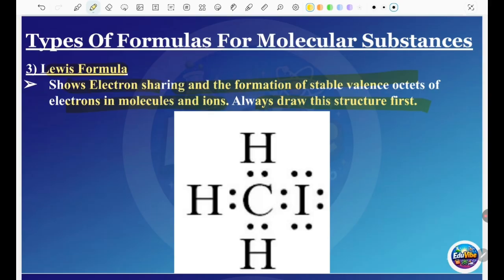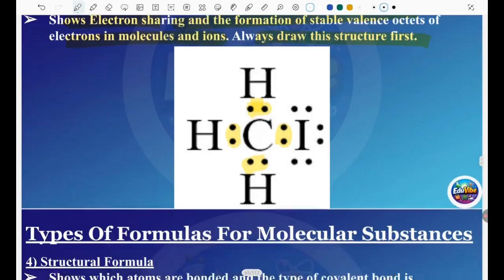If we have one pair of electrons, it means a single bond. This is also a single bond, and all the other single bonds. Two pairs of electrons make a double bond. Three pairs make a triple covalent bond. So we make the Lewis formula with dots. As I told you, the electron dot structure is also called the Lewis structure. That's why it is called the Lewis structure, because we use dots in it.